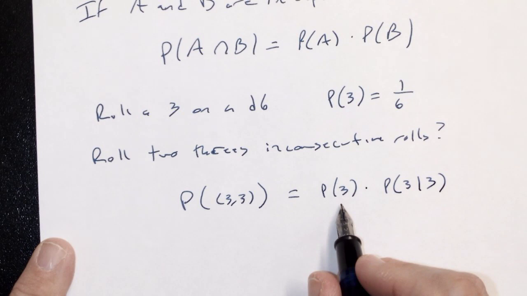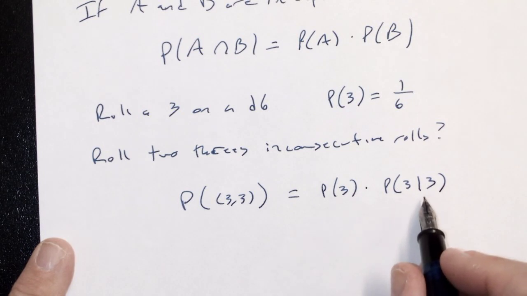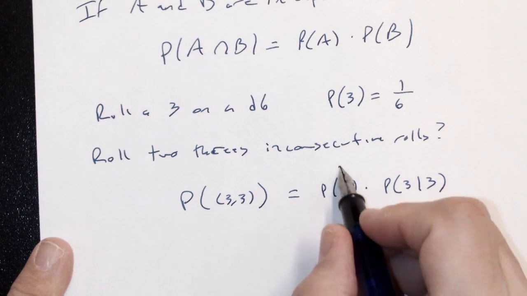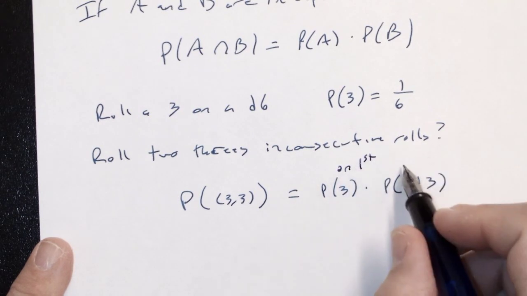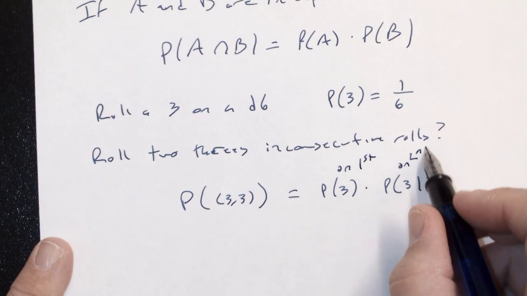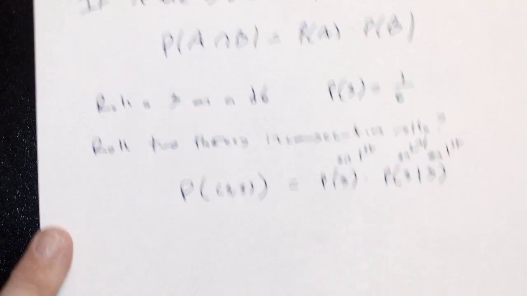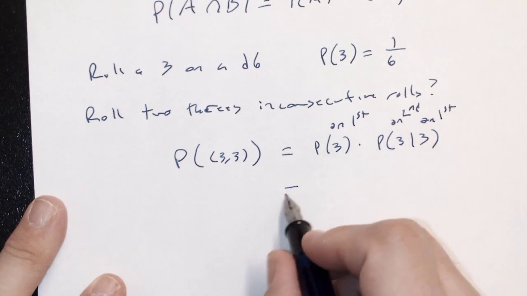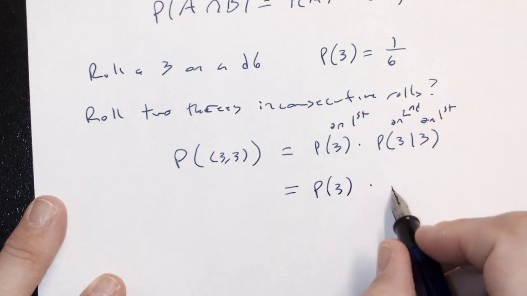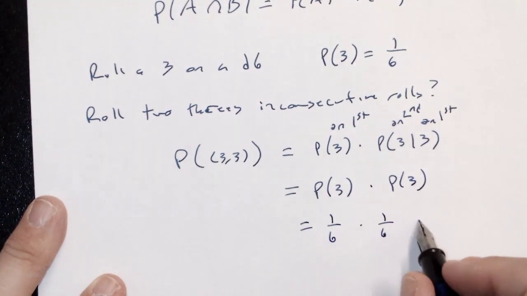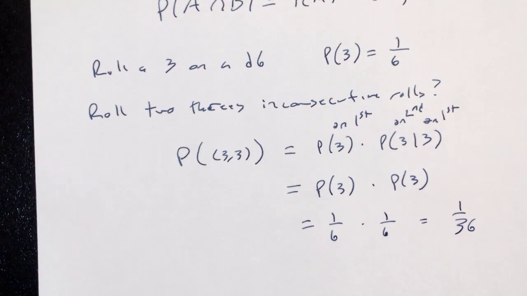Three on the first one, and on the second, three on the second one, given 3 on the first one. But because these are independent events, I can replace the second one with the same probability.